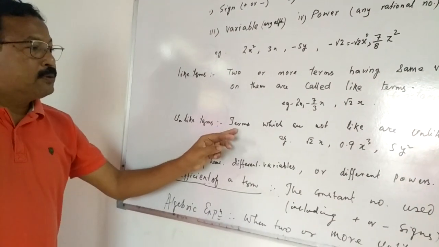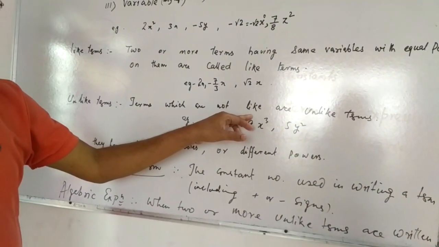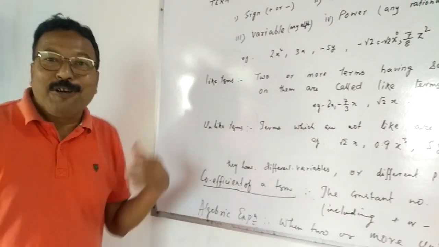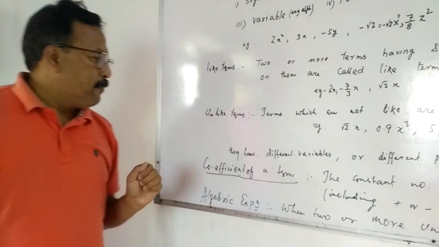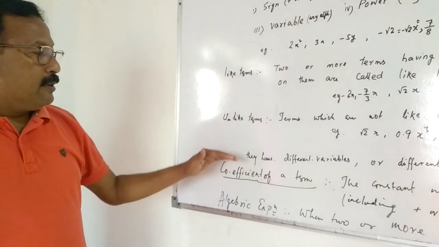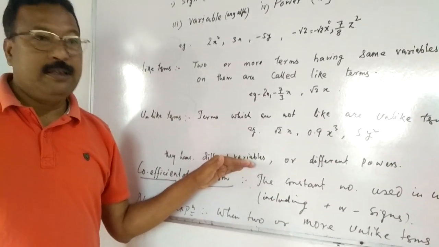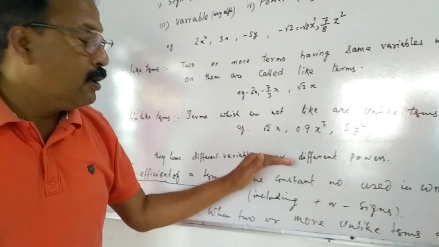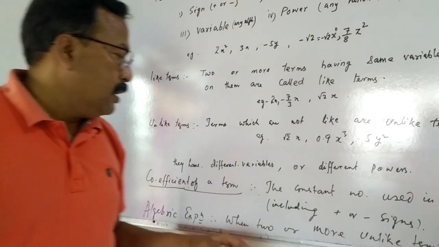Unlike terms: terms which are not like are unlike terms. जो एक जैसा टर्म नहीं है, वो unlike terms हैं. For example, they must have different variables, or they have different powers.